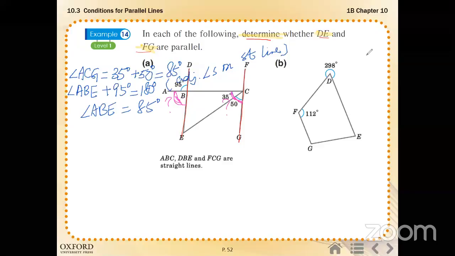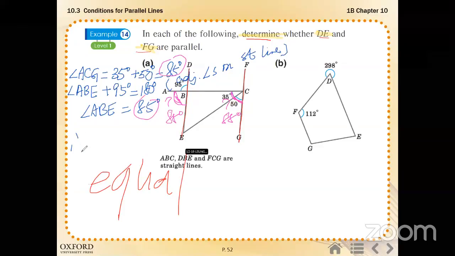Now, therefore, in this case, you can see that both are 85. This one is 85, and then here, this one is also 85. And they are corresponding angles. Therefore, you tell the results.